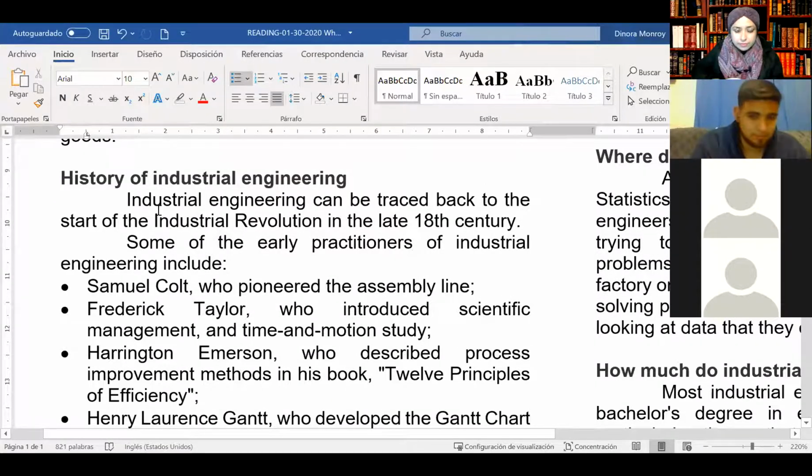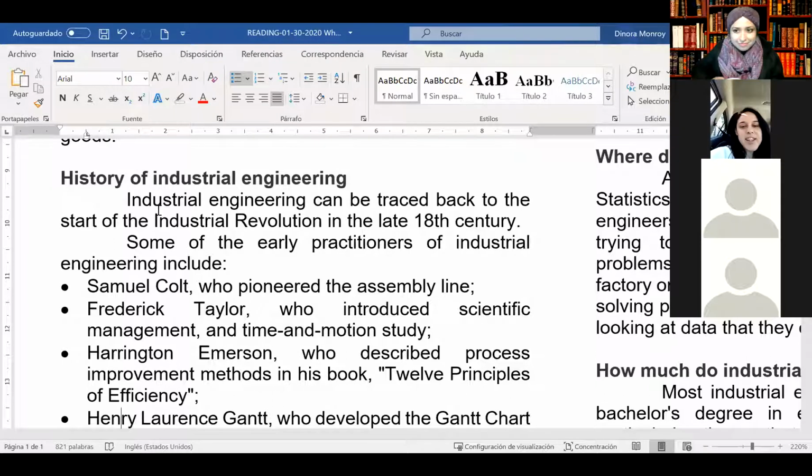History. Industrial engineering can be traced back to the start of the Industrial Revolution in the late 18th century. Good. Thank you.